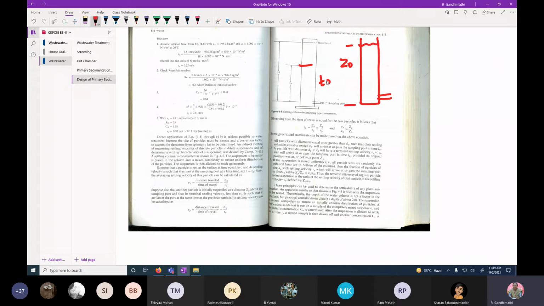Now imagine one more particle at the height zp. That particle also will reach the bottom at the same time period t0. Corresponding to this, the velocity may be Vp.